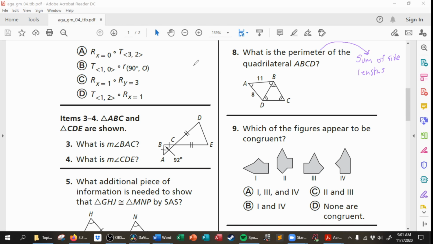So far we know that we have 11 plus 8. We also need to add line segment BC plus line segment CD. So let's just go ahead and simplify this to 19 plus BC plus CD.